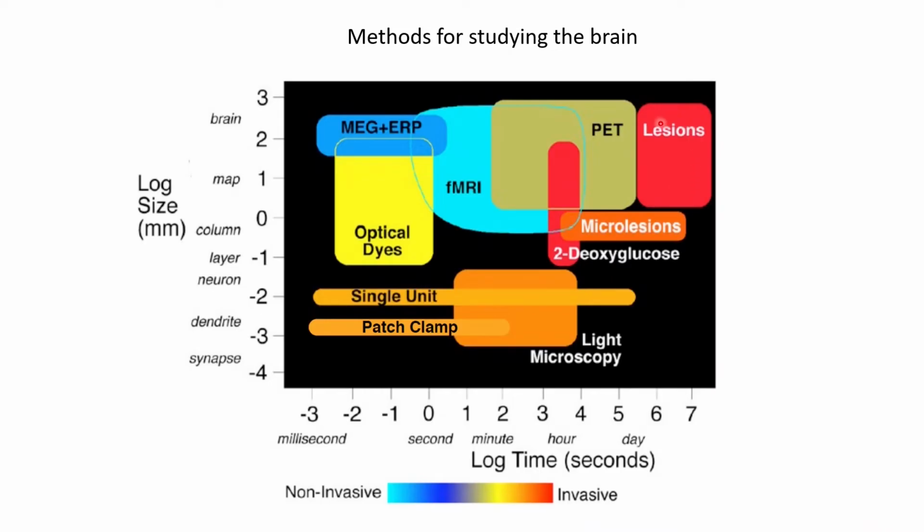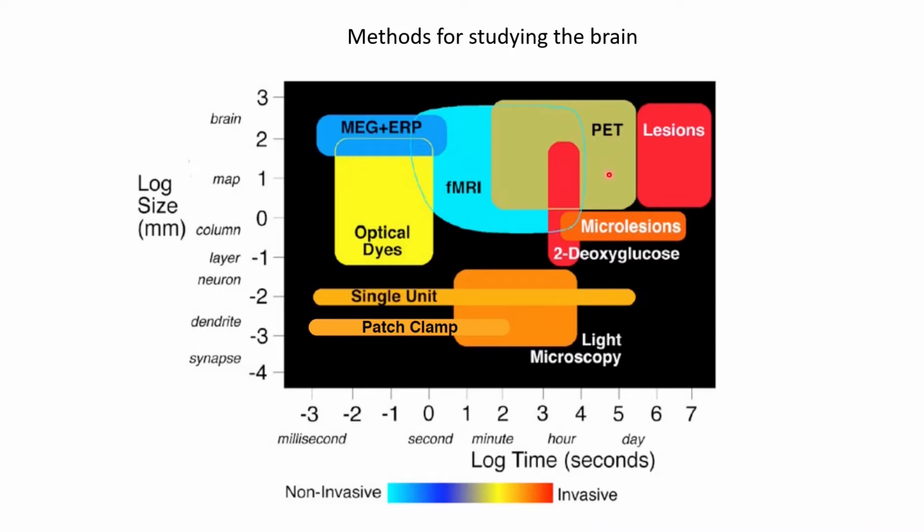Next, on the left side of it, we see PET, positron emission tomography. The idea in PET is that some kind of a radio labeled dye is given to the person. They drink it and the dye goes to the brain, and then if a part of the brain is active, it tends to absorb the dye, and then we can measure the gamma rays that are coming out of the brain using an instrument.